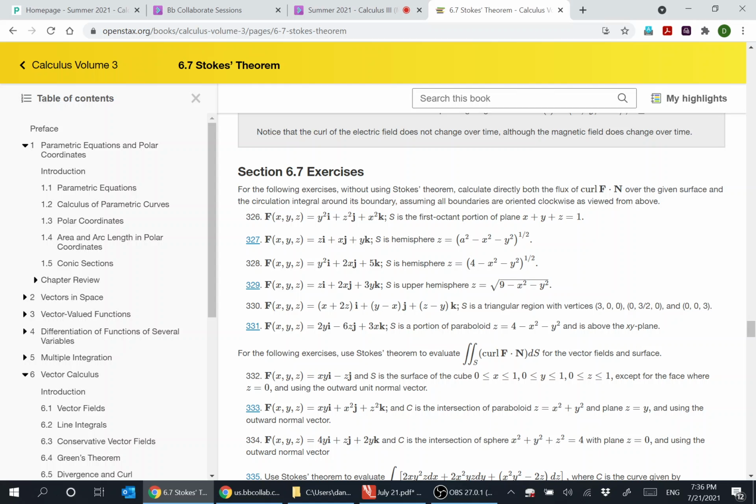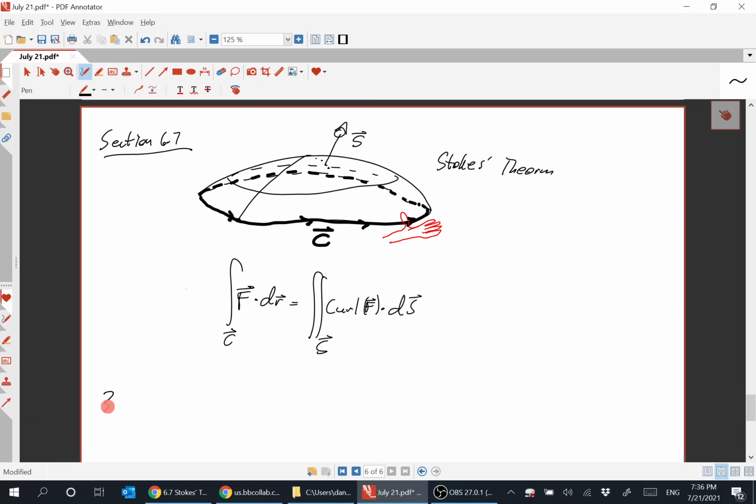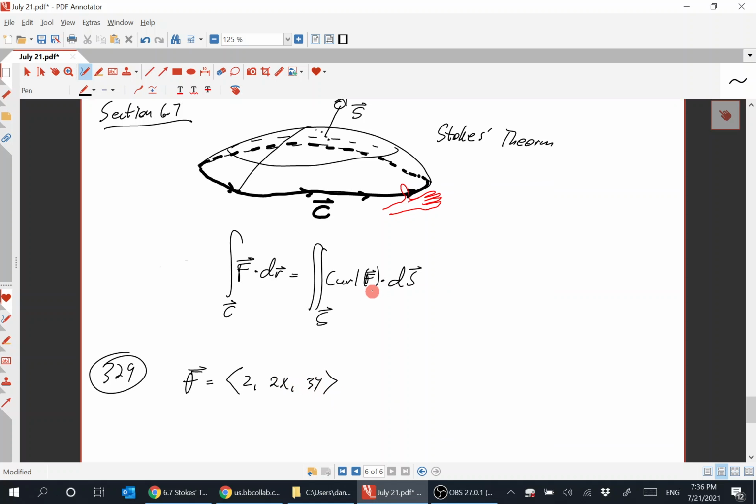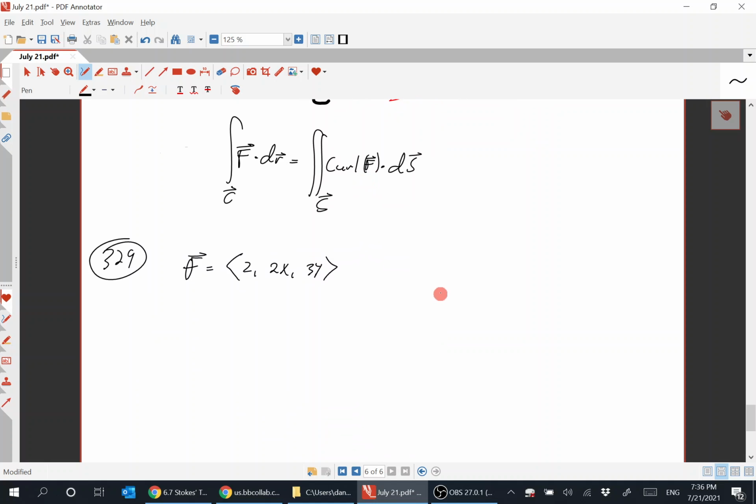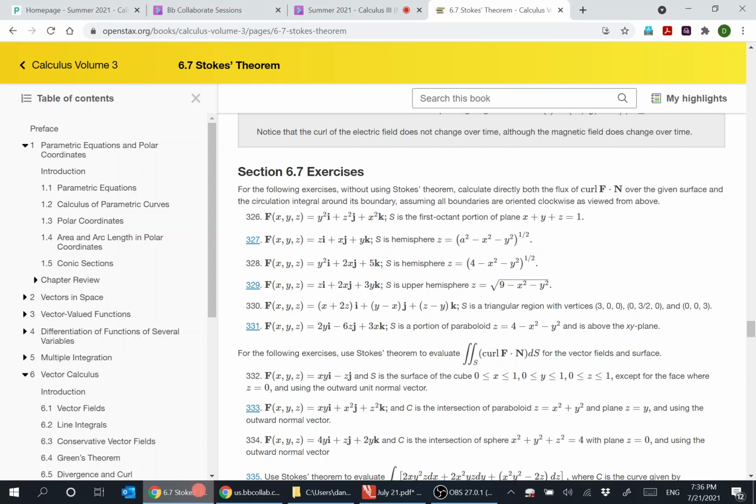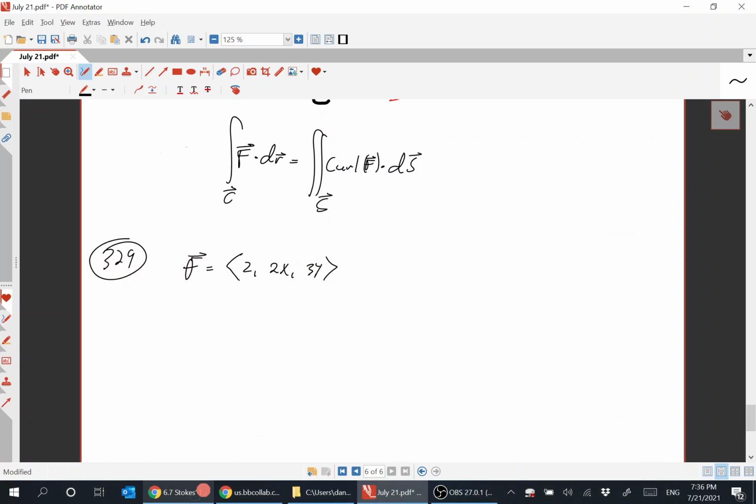So, for example, in number 329, you have vector field F is z, 2x, 3y, and S is the upwardly oriented hemisphere of radius 3.